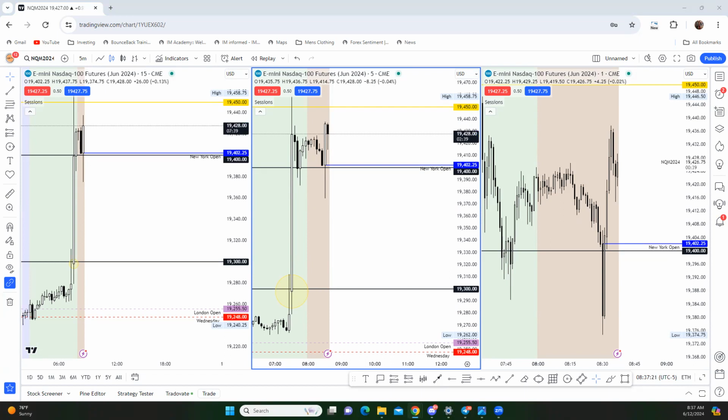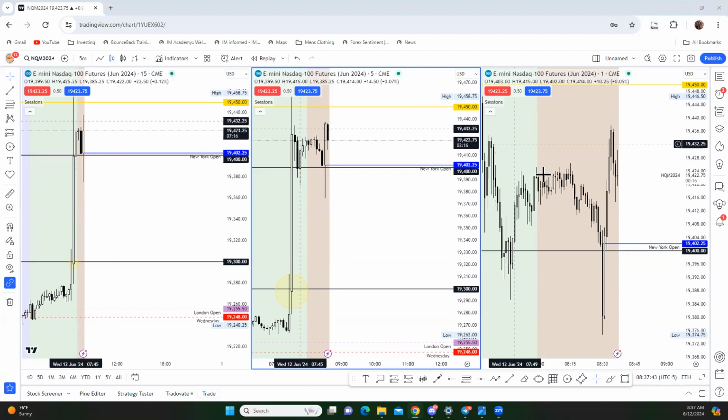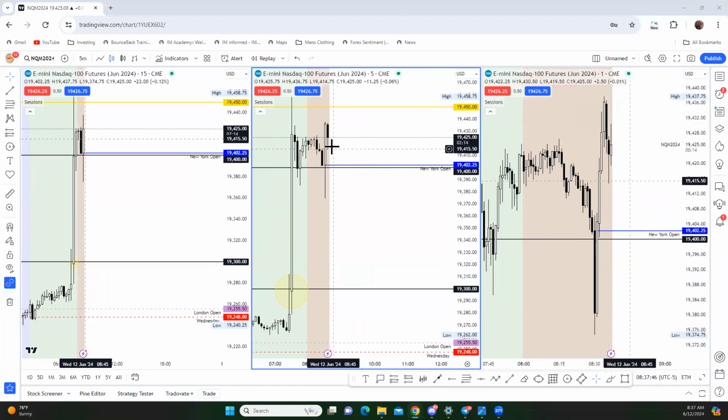Nvidia still looking pretty strong from that New York Open. Yeah, I like how it's kind of breaking down and not finding that way higher. But we'll see.